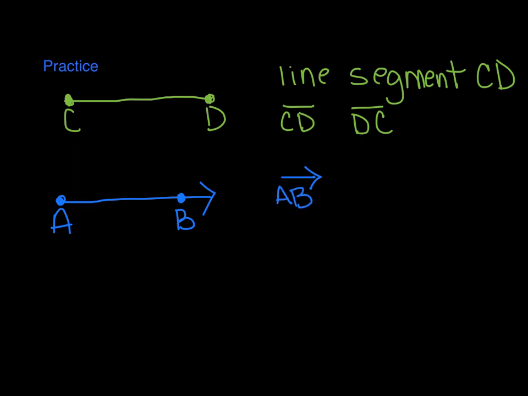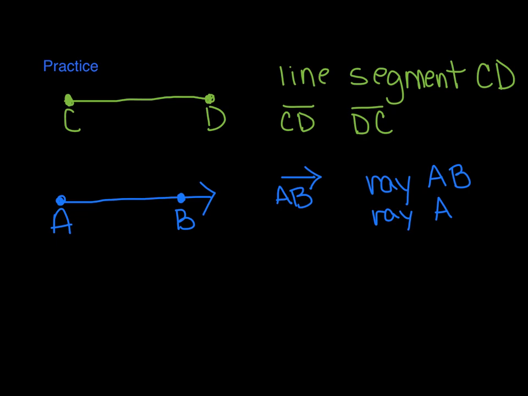Now when we name a ray, we always start with the endpoint, not the end that has the arrow. Okay, you could also write it out like this, ray AB. We could even call it ray A. Okay, so that would be a ray.